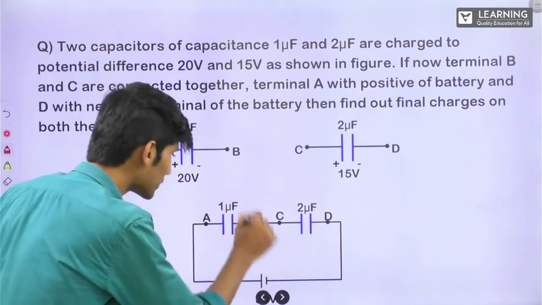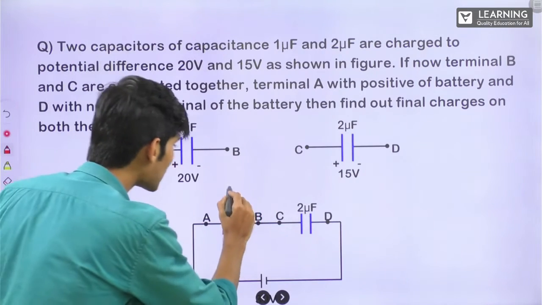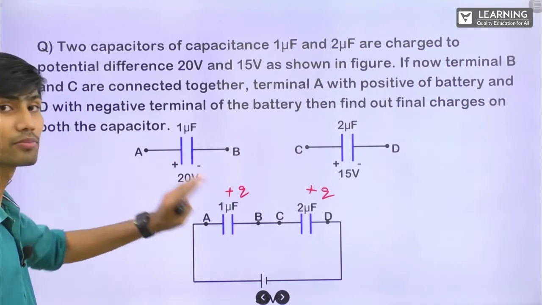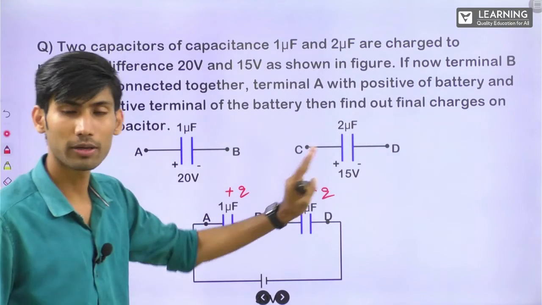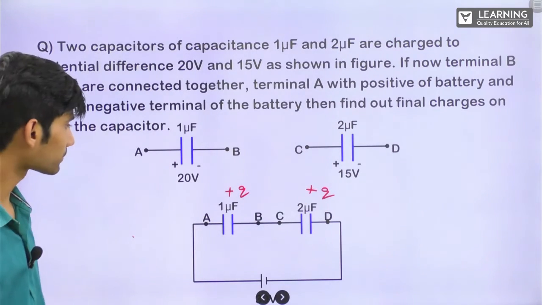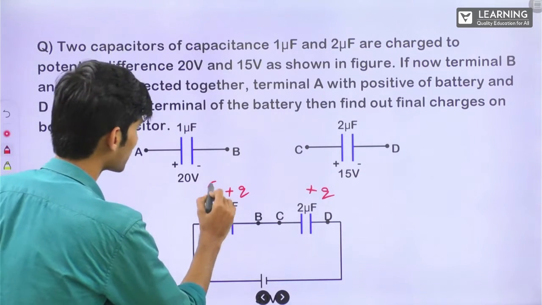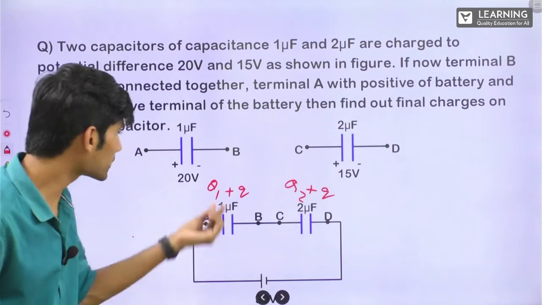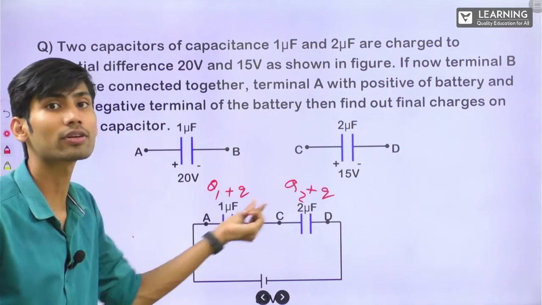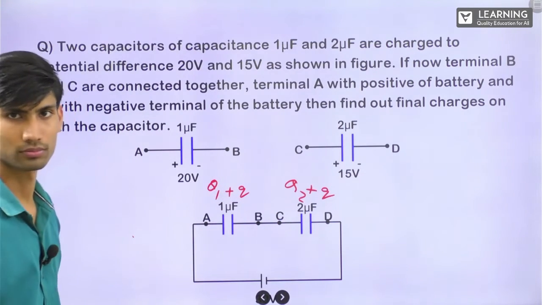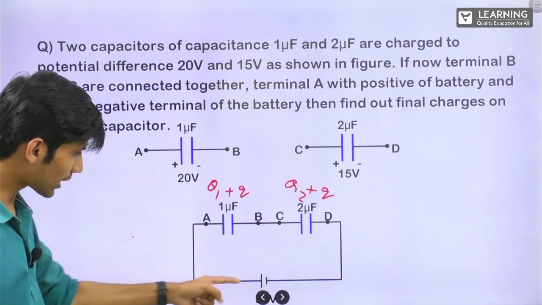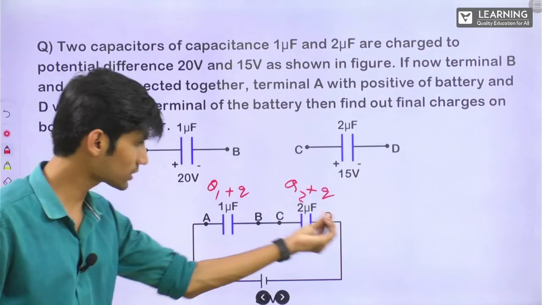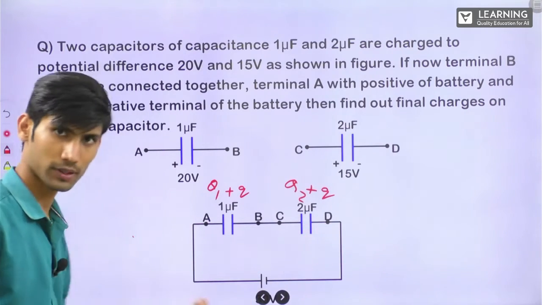They were having some charge before also, plus Q came in this, plus Q came in this. Initial charge, let's say this was Q1, this was Q2, plus Q. The extra charge is same for both, because the same charge which comes out from the battery is going through both and again going through the battery. Clear?